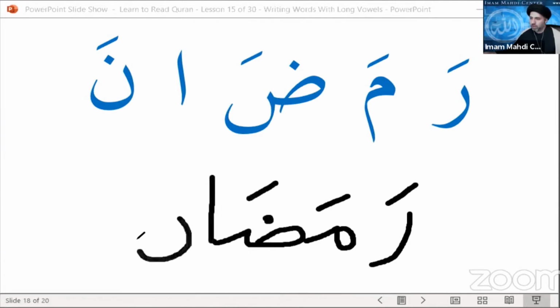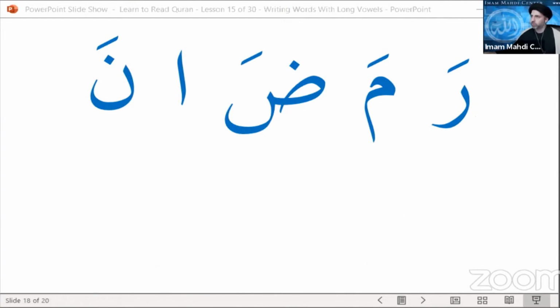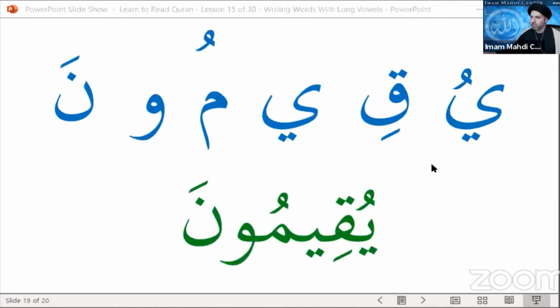And then, since the Alif doesn't connect on its left, there's a little space here, so we write the Noon with its dot and Fatha. Ramadana. MashaAllah.